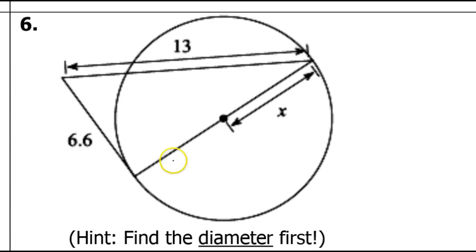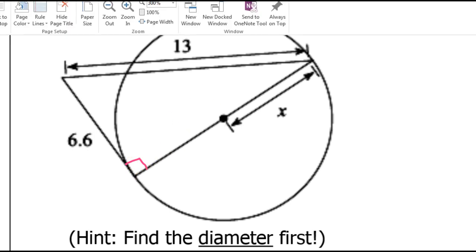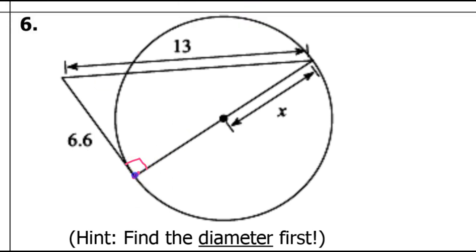There's another theorem that we learned that said a tangent is always going to be perpendicular to the radius. So that means that I have a 90 degree angle here, which means that I can do the Pythagorean theorem to find this length right here. Okay?